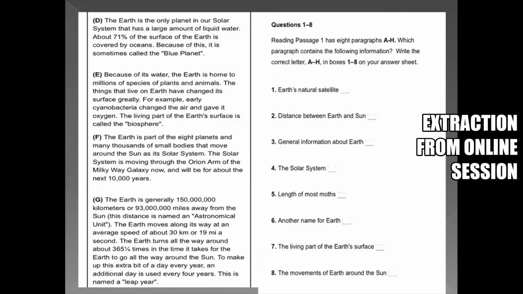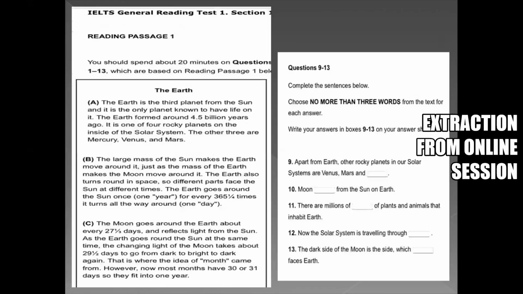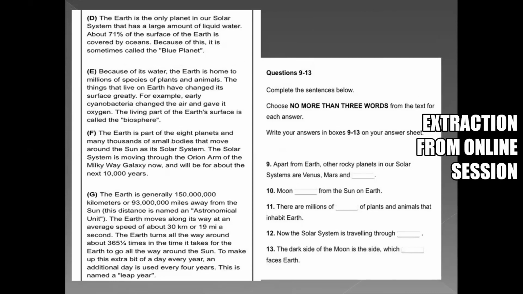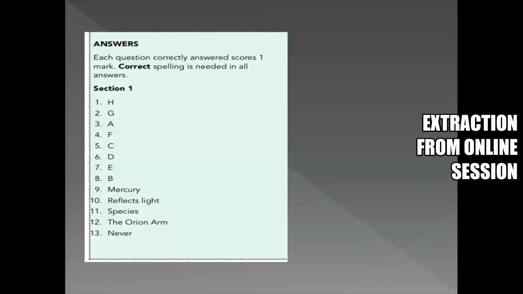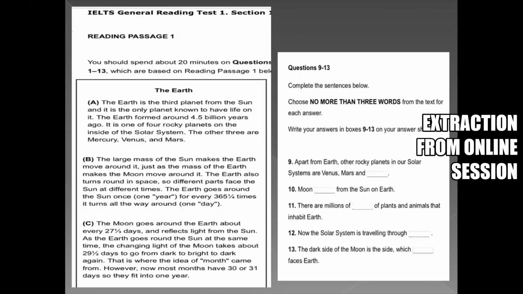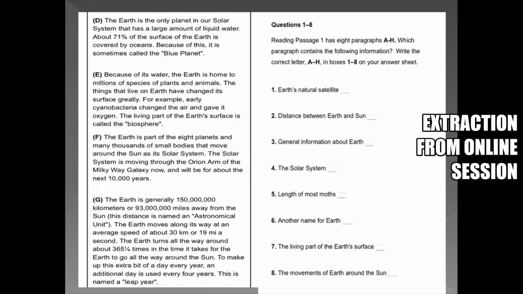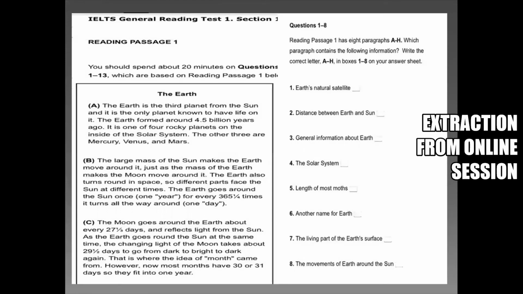Distance between Earth and Sun. Yes, clear. Three is A. General information about Earth.